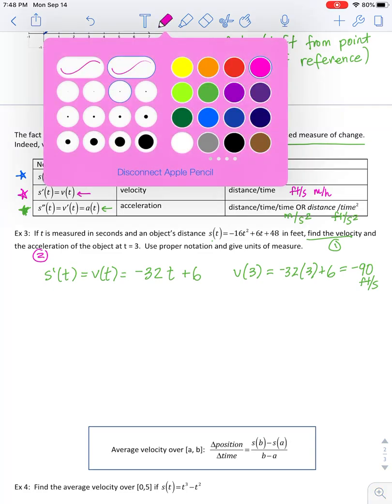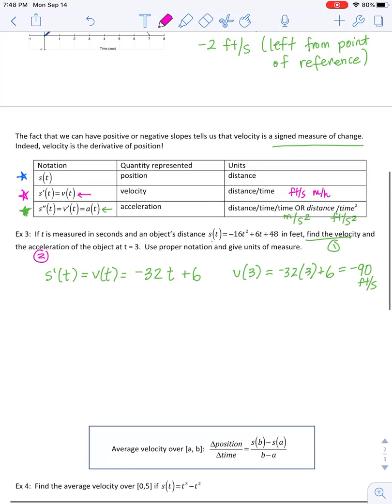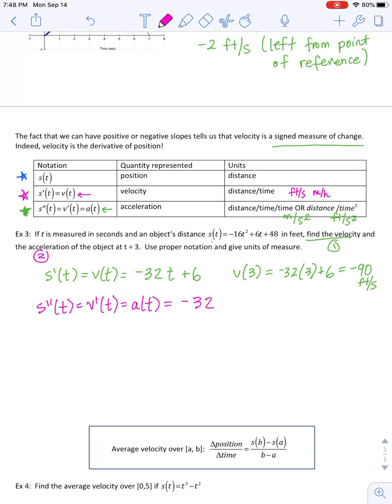Looking good. All right, now I'm going to go ahead and take the derivative of that. So S double prime of t is V prime of t is A of t. You don't always have to write all three of these out, but it just helps us to process where these values are coming from. So now the derivative of the green function is negative 32.